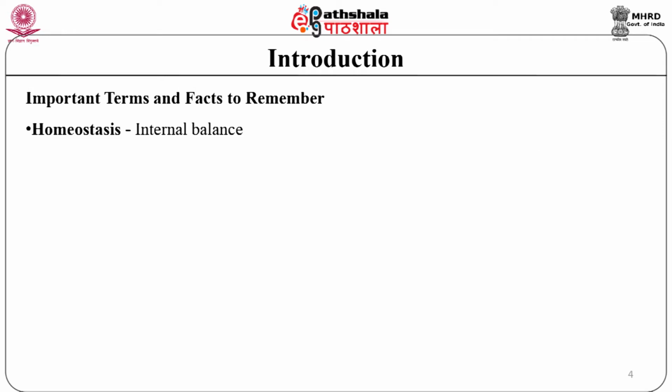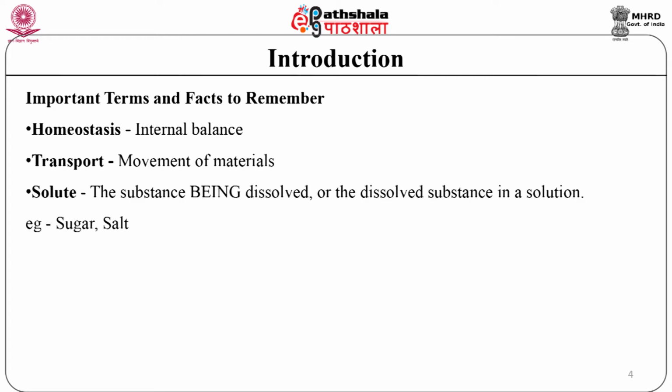Homeostasis means internal balance. Transport means movement of materials. Solute is the substance being dissolved in a solution, for example, sugar, salt. Solvent is the substance which is dissolving the solute, for example, water.